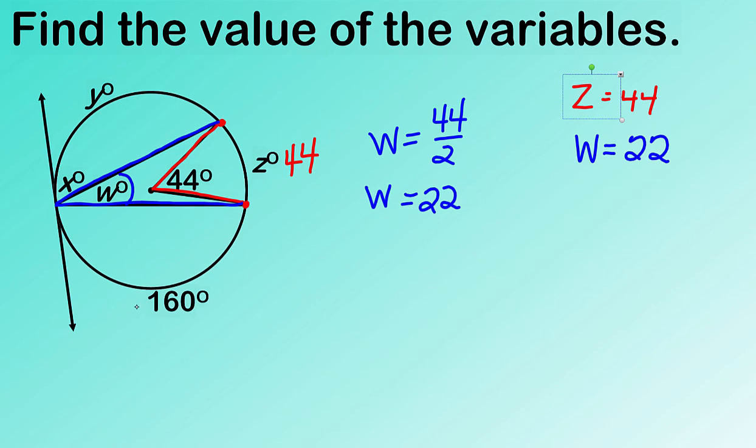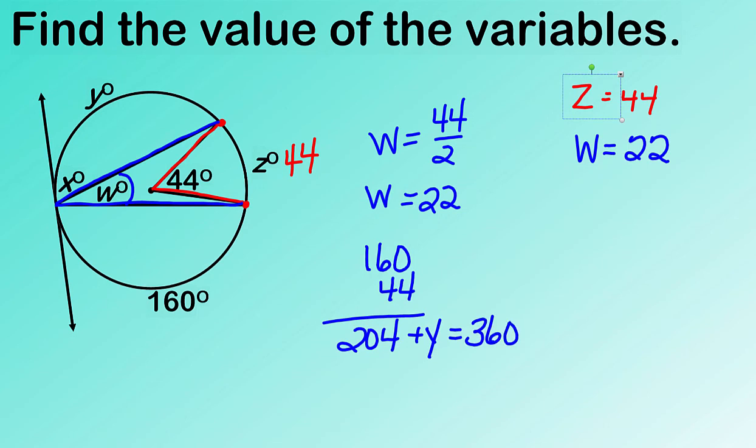I know that all the degrees in a circle have to add to 360. So I know that 204 plus y would be equal to 360, making y equal to 156.